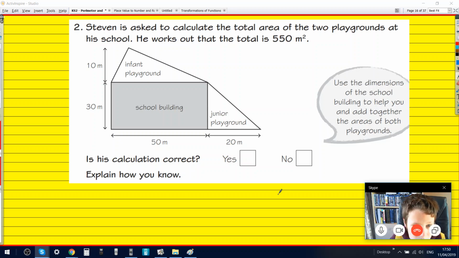So the height of the school building is 30 meters. The height of the infant playground is 10 meters. The length of the school building is 50 meters, and the length of the junior playground is 20 meters.